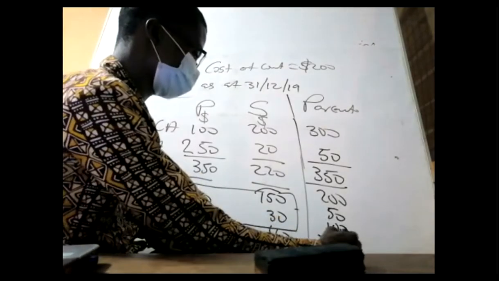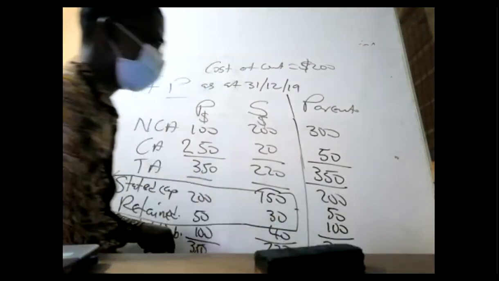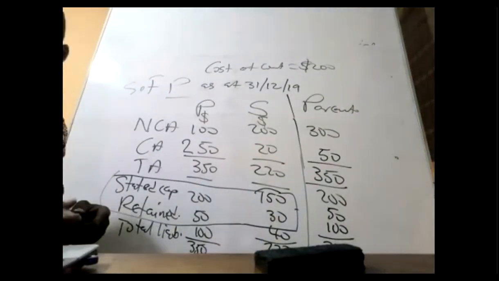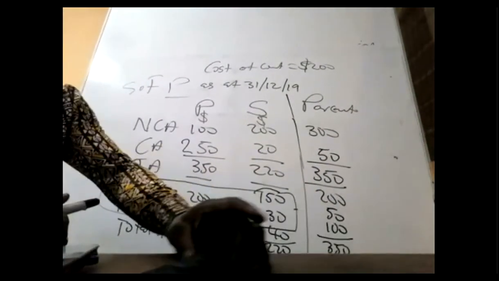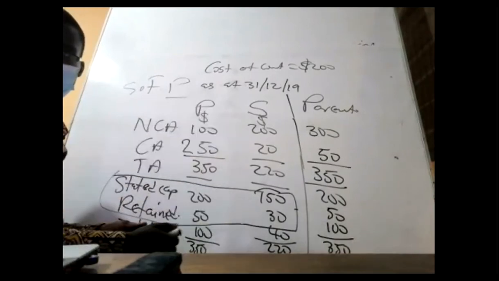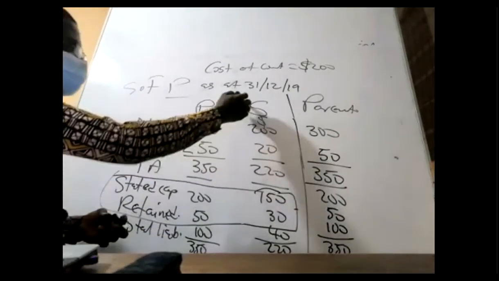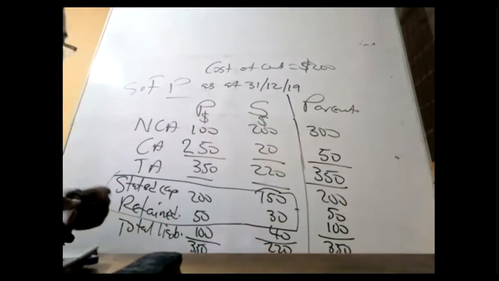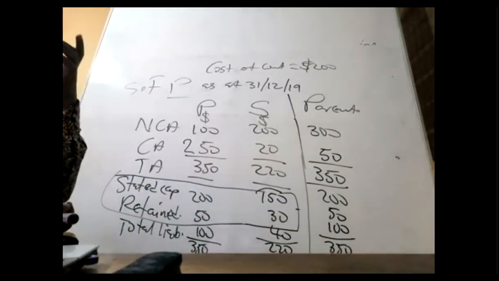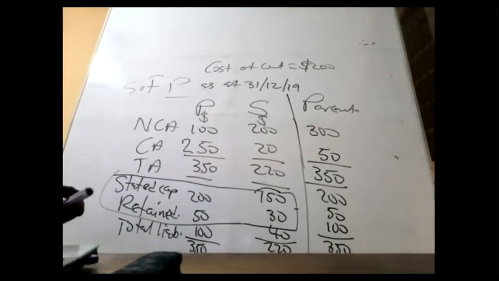It is still 350. How do we get it? Good. So this will be the parent's new balance sheet right after the acquisition. The subsidiary's financial position will not change; it will remain intact.